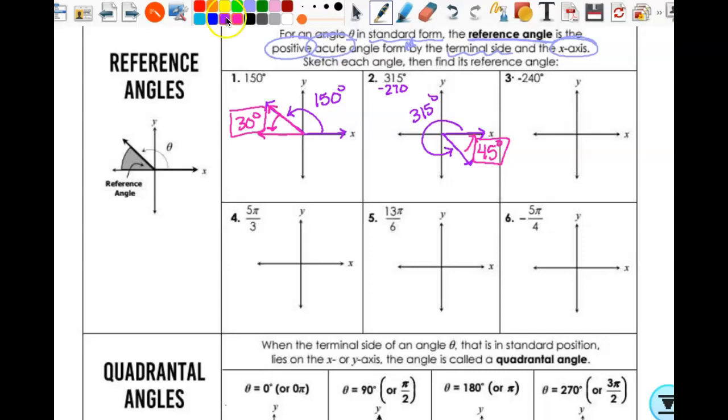All right. So then negative 240. I start here. I'm going to go negative 90, negative 180, and then how much more? What is 240 minus 180? 60, thank you. So go another 60. It's like 2/3 of the way. So this is negative 240 degrees.